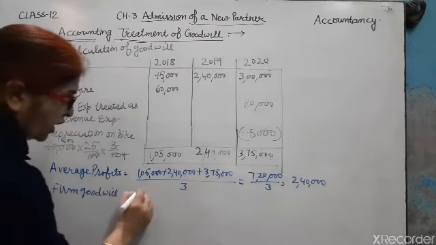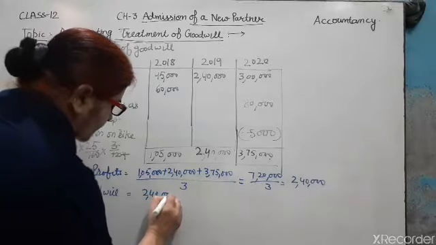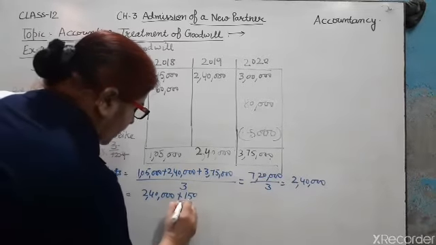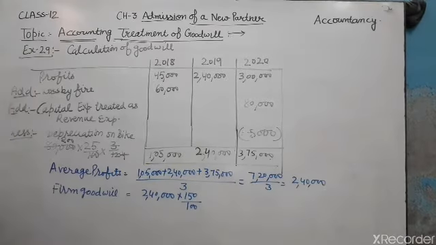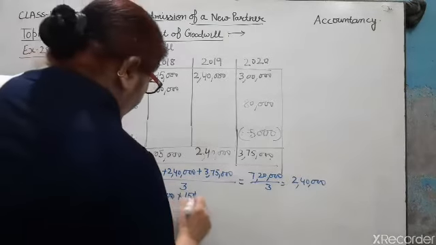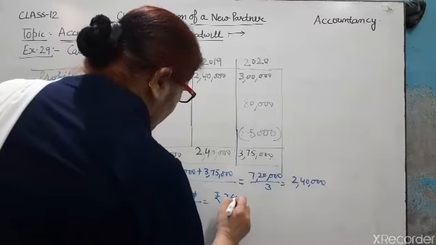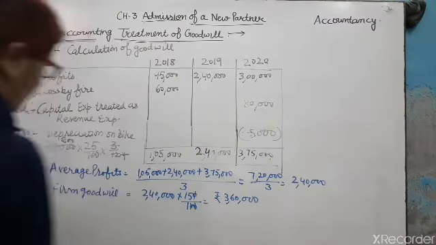And the firm's goodwill is valued at 150%. 2,40,000 multiplied by 150 divided by 100. Then the goodwill value is 3,60,000.